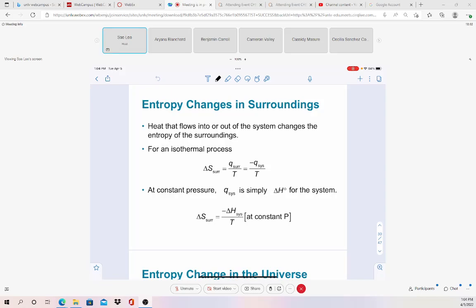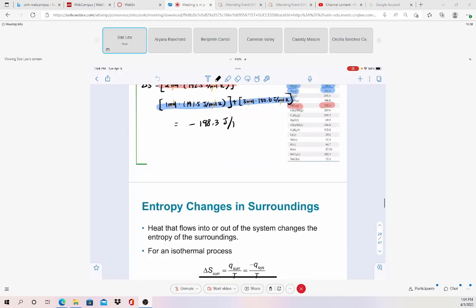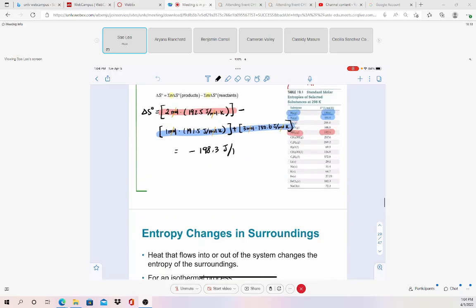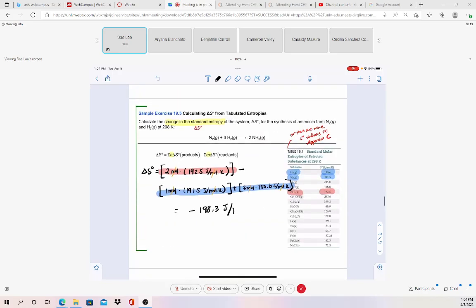So I'm going to continue where we left off from last week. During last lecture, we learned about the standard entropy, S naught, and the change in standard entropy, delta S naught.